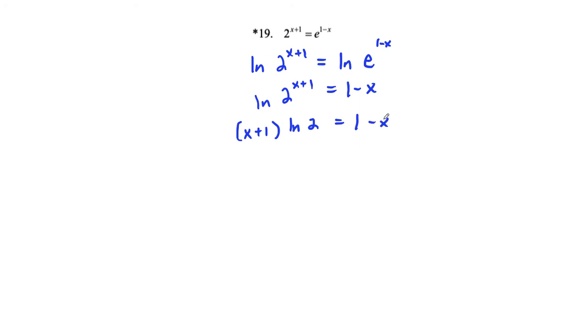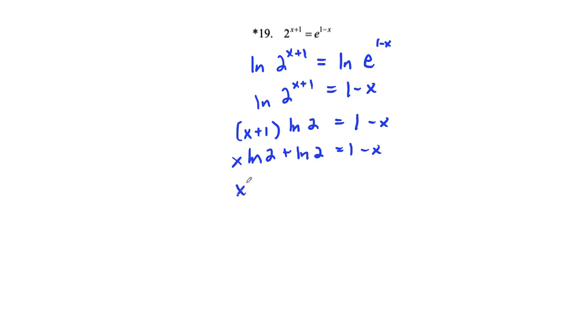And so now I need to, again, get x by itself. So I'm going to go ahead and distribute this natural log of 2 through my parentheses. So I'm going to end up with x times natural log of 2 plus the natural log of 2 is equal to 1 minus x. And now let's get all of our x values on the same side.